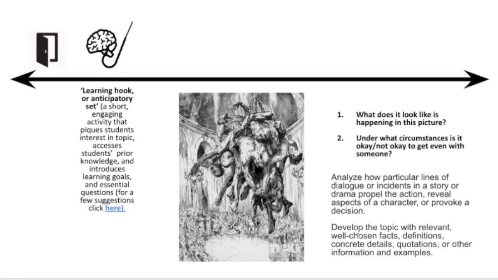And then after that, you're going to come to your own conclusions, and you're going to support that with evidence from the text. So we're going to analyze or look closely at a text to figure out why this is going on. And then we're going to flip it around and come to our own conclusions and use information that we found in the text and our own ideas to further explain our explanation of what's happening.